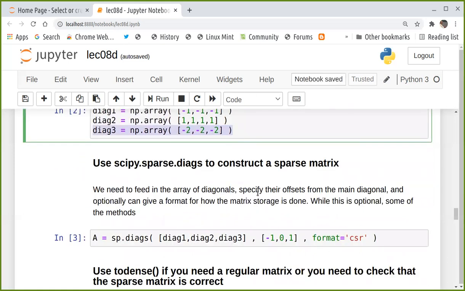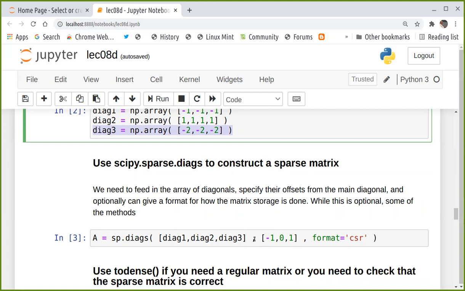Okay, so now what we do is we use scipy.sparse.diags to construct a sparse matrix. This diags knows that you're going to feed it a list of three arrays, which are the diagonal entries.